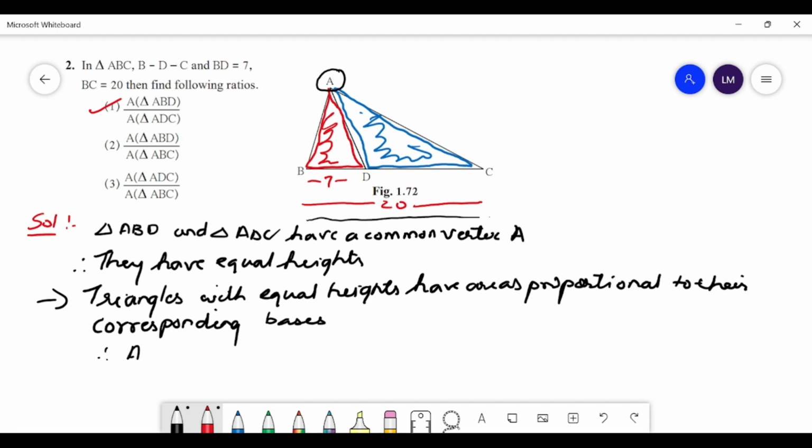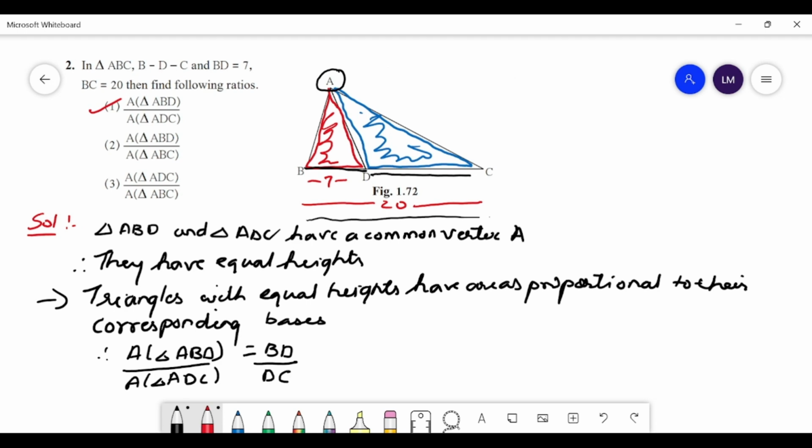Therefore, area of triangle ABD upon area of triangle ADC. Now from the figure, triangle ABD has base BD, so we can write here BD, and triangle ADC has base DC, so we can write here DC.